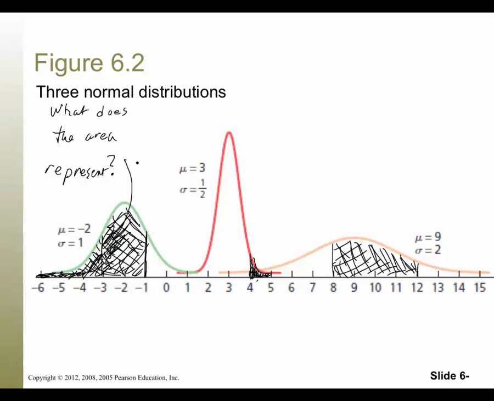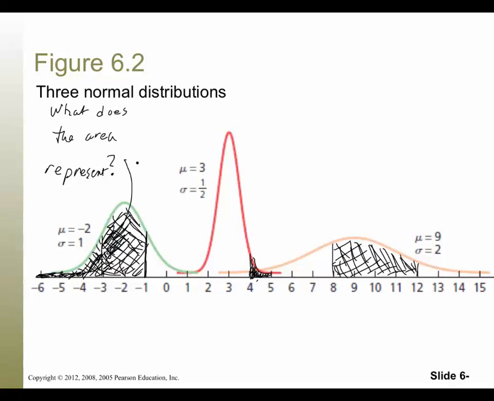Relative frequency left of -1. Okay, yeah. So it's the relative frequency of when the value of the variable is less than -1, for all the data where the variable is less than -1.